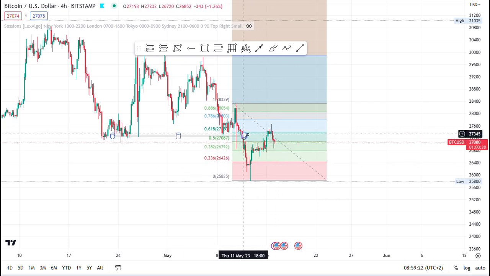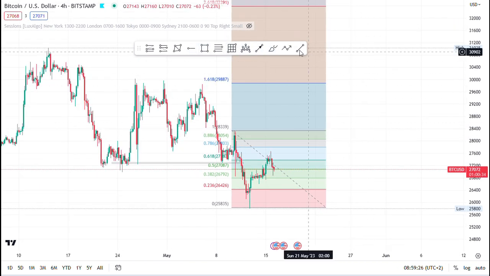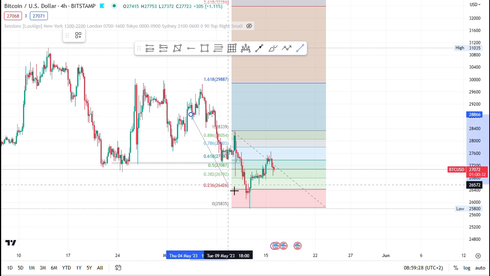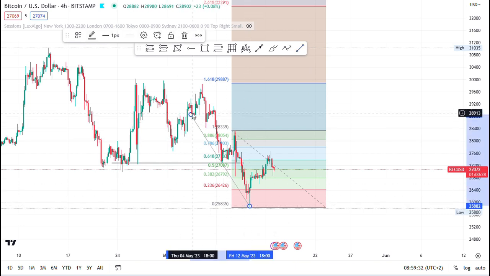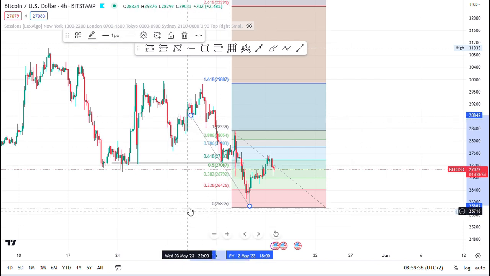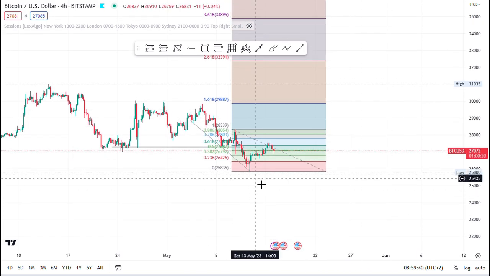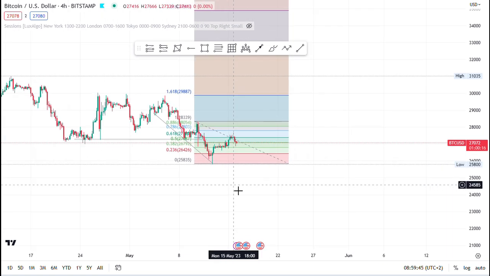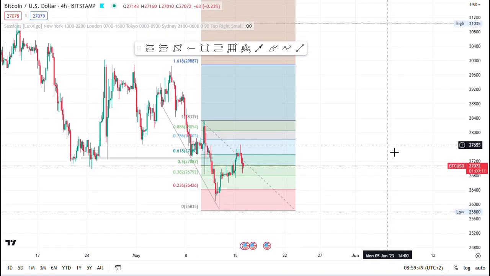But I would like to get a clear picture by diving in a lower time frame, because here we can see we had our first surge, second surge, and third surge.